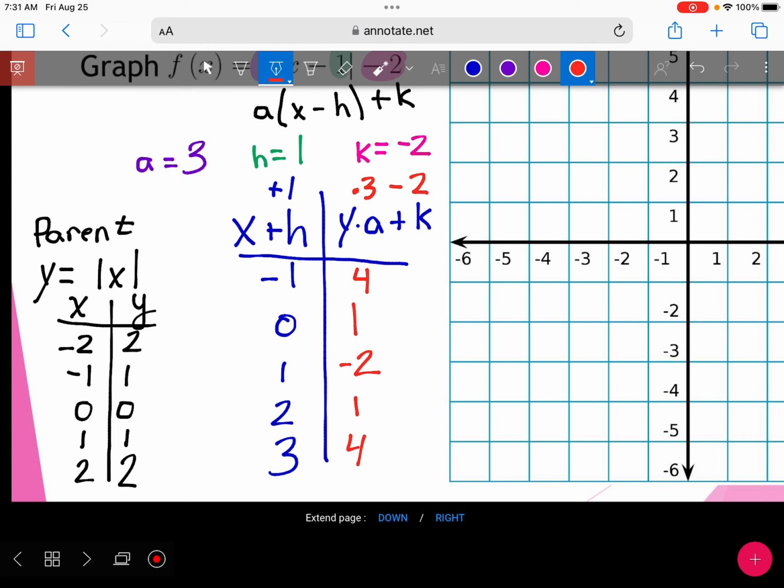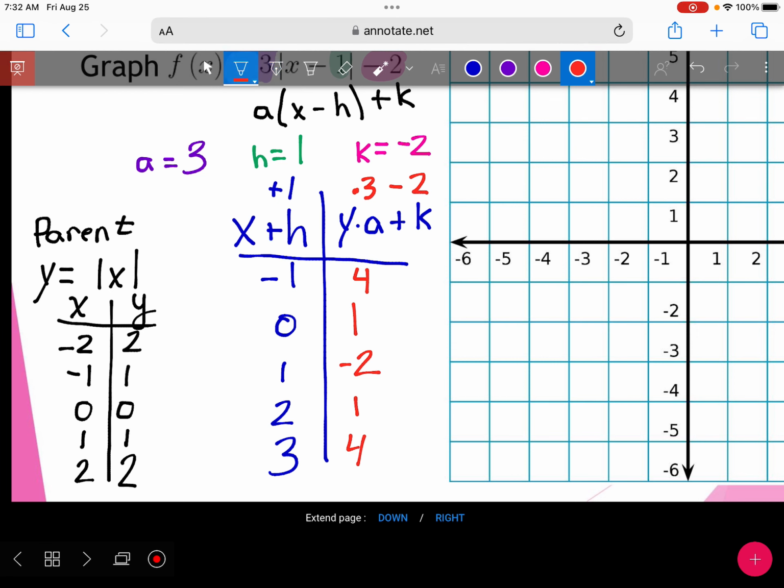We're going to use a, h, and k for every type of function we use this year. We're going to use it for U's, which is our parabolas, our x squared. We're going to use it when things start to go a little wonky and we have stuff that looks like this, or like this, or when we have stuff that does both at the same time. We're going to use a, h, and k to do this transformation with x plus h, y a plus k every time for every kind of function at least once.